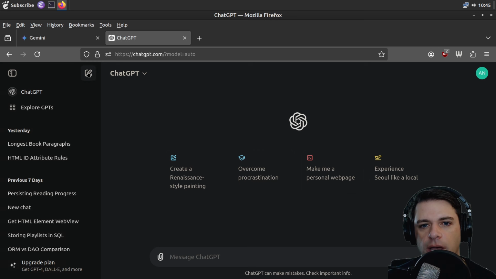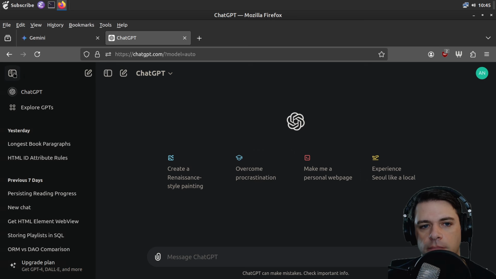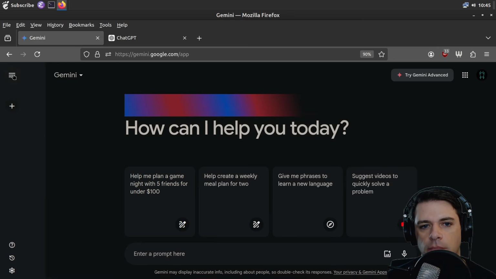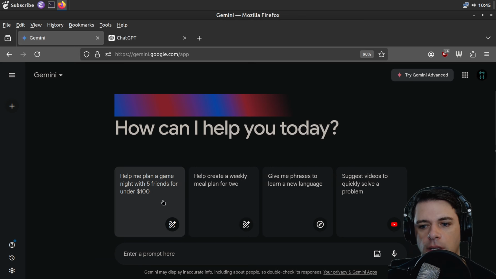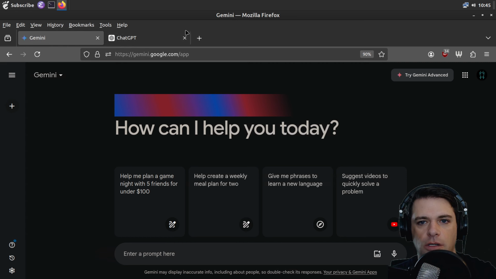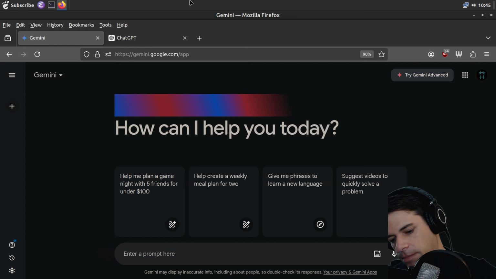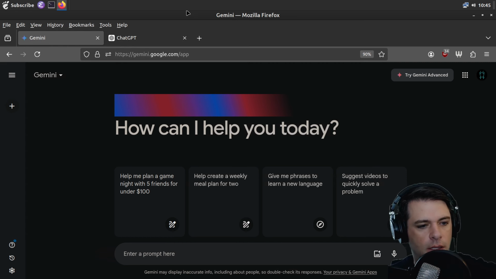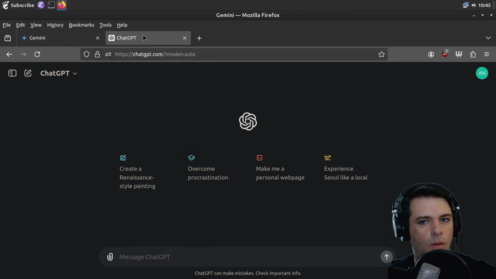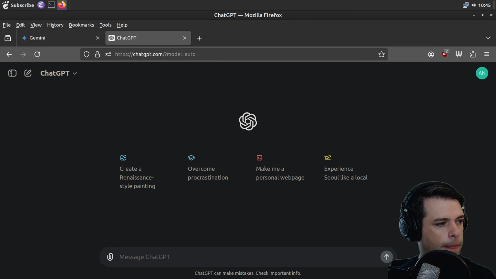So let's start by asking ChatGPT or Gemini what they suggest for climate apps.